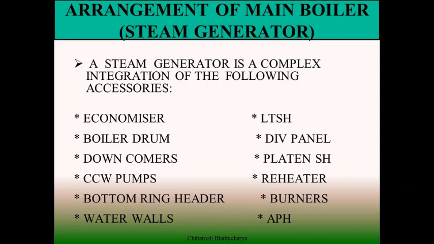Then we have water walls, low temperature superheaters, divisional panels to improve the heat transfer and increase the amount of heat trapping. We have platen superheaters, final superheaters, reheaters and burners attached to the furnace, maybe at the corner of the furnace or at the front wall or rear wall or both, or sometimes the side wall also. And we have also air preheaters.